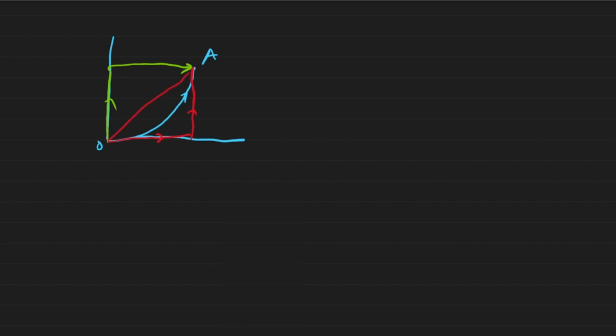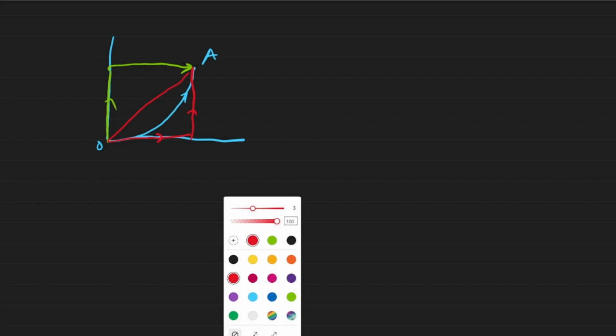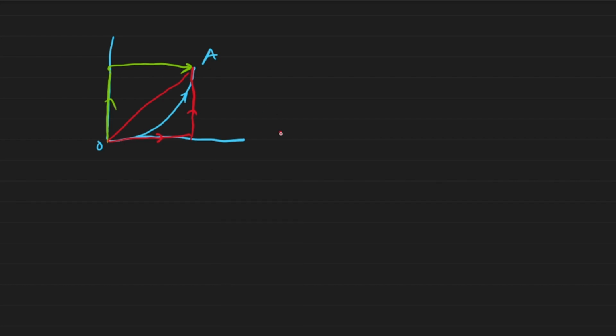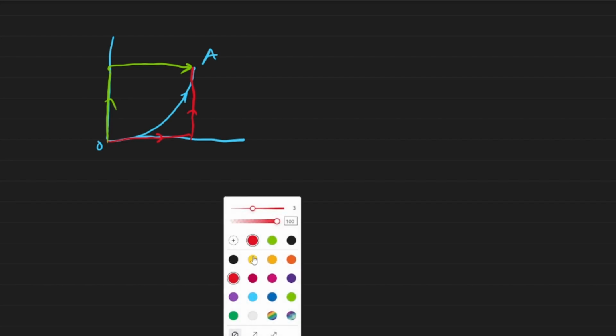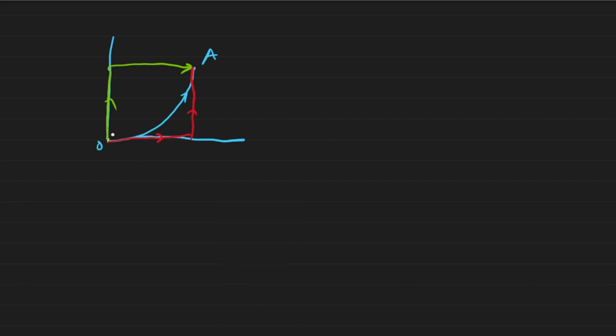Sorry, let me just use another color there. So regardless of the path that we take from O to A, we'll get the exact same value. Because if we go back along any other path, we'll get the same value, because the integral of the exact differential should be 0.